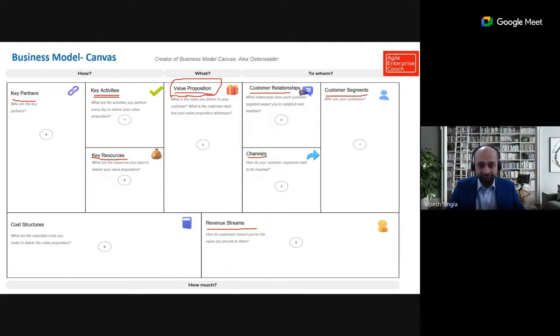Then key partnerships. Key partnership is what the company cannot do so it can focus on key activities. Basically, what are the things you can outsource or can be done by other partners. For those activities you find key partners and you capture them here.